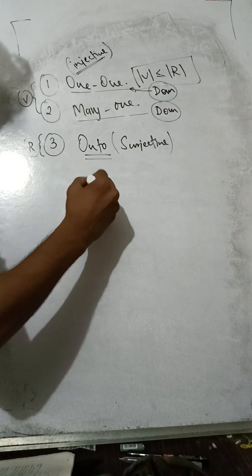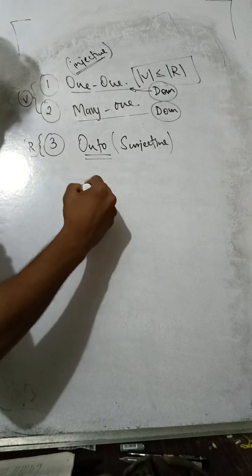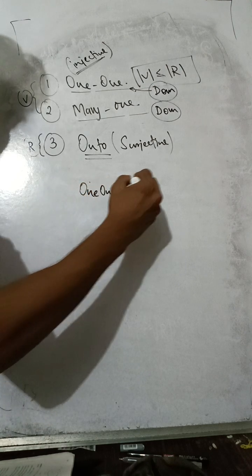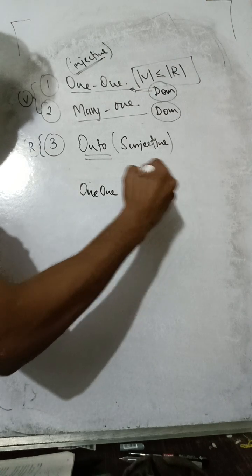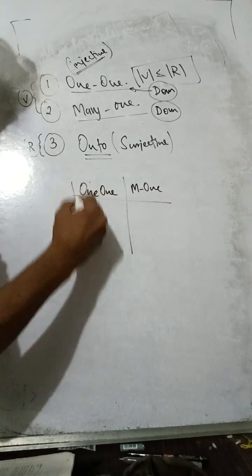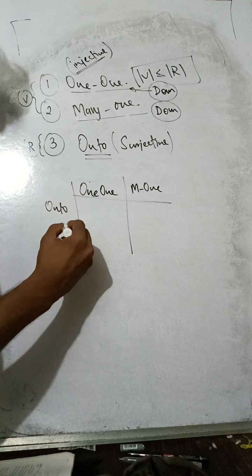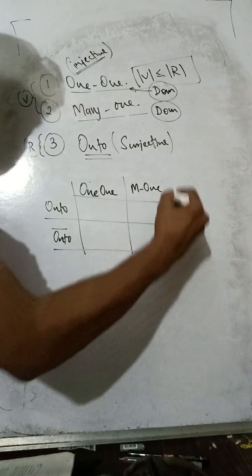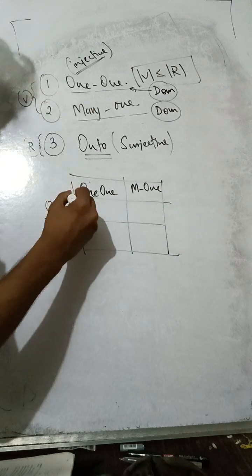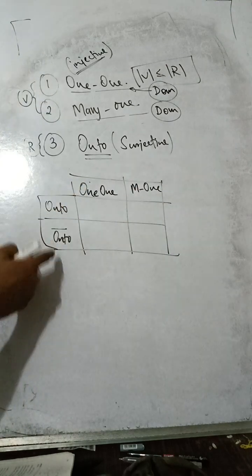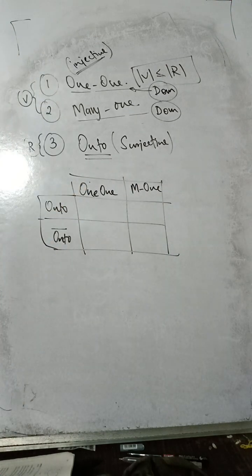So a function can be one-one, or it can be many-one, or a function can be onto, or it may be not onto. So what is a not onto function? A not onto function means a function in which all of the rooms are not occupied.